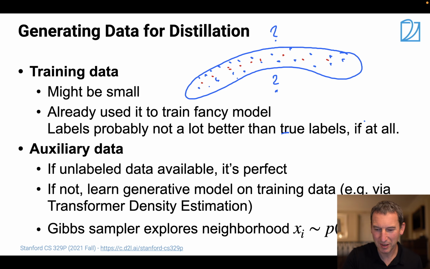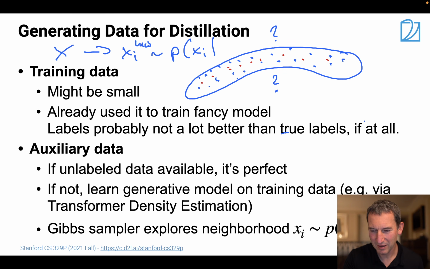sampling, where we take the original data, let's say we have x, and we replace the ith coordinate, where xi new is drawn from p of xi given x without i. You can get that, for instance, from some transformer density estimation or whatever.